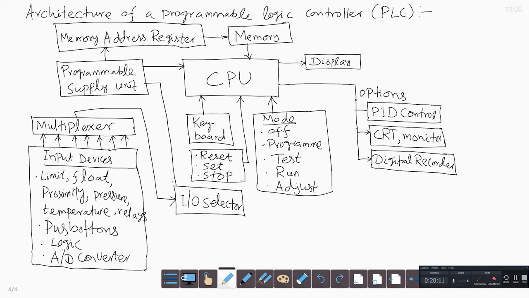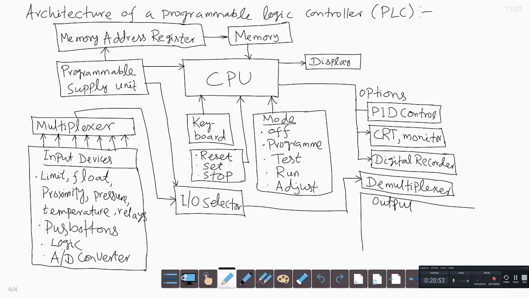It gives signal to the input output selector and it gives signal to the demultiplexer, and the demultiplexer through appropriate switches connects to the output devices.